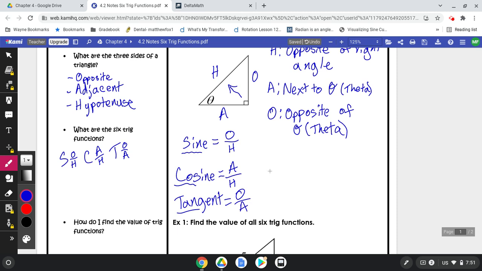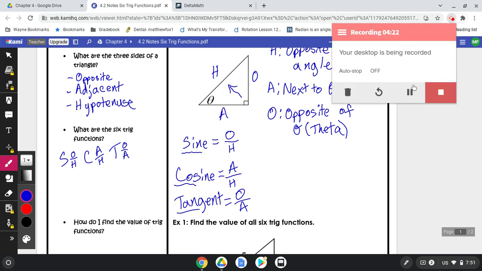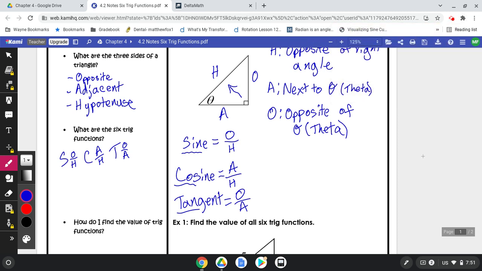Now we also have 3 other types of ratio. The 3 other ratios are cosecant, secant, and cotangent.